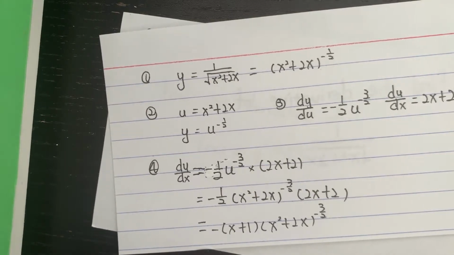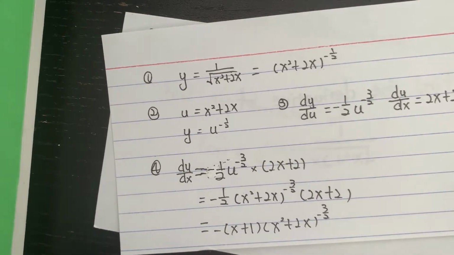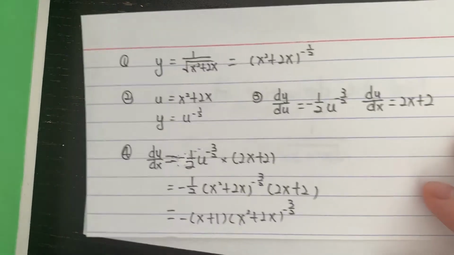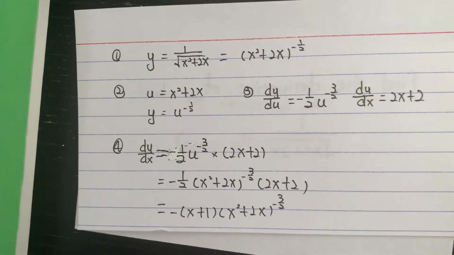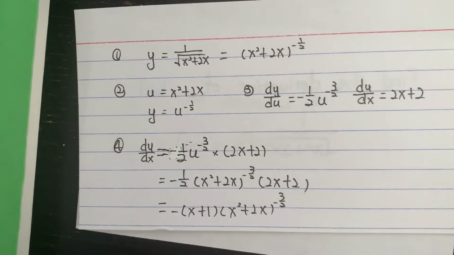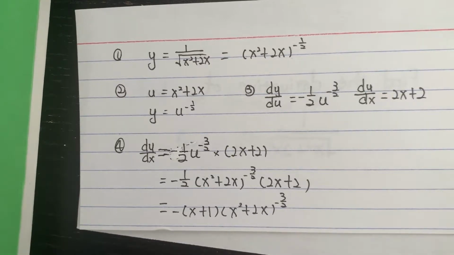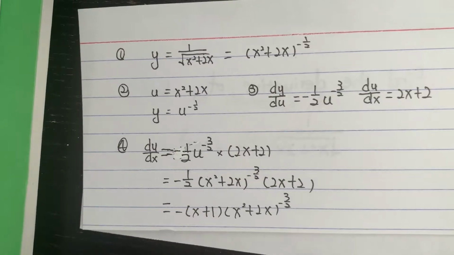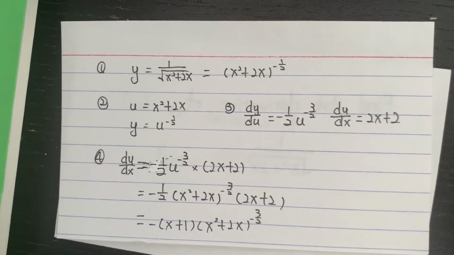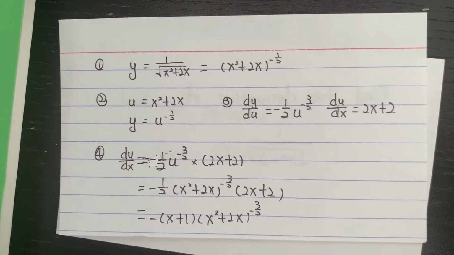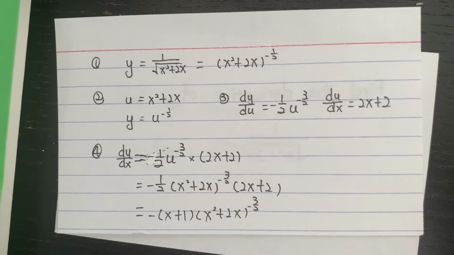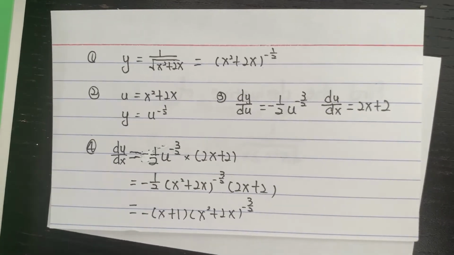The actual function is to the power of negative half, so we define y as u to the power of negative half. And then we differentiate each of them, multiply them together, and the answer should be negative (x plus 1) times (x squared plus 2x) to the power of negative 3 over 2. So don't be scared by these difficult or weird notations. You can also express them in a simpler form that you can understand and use the formula.